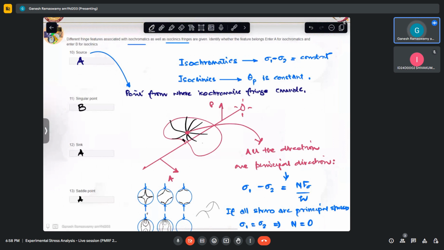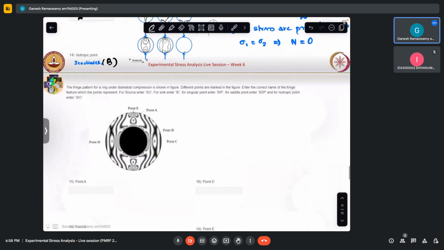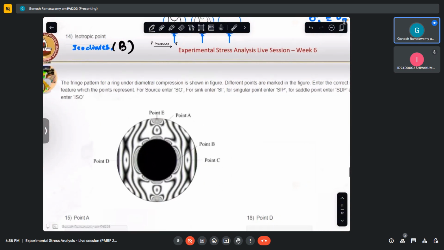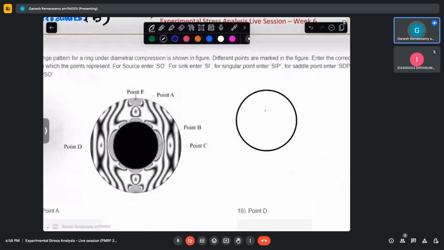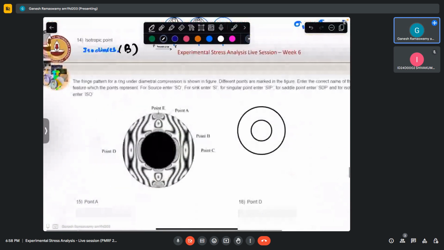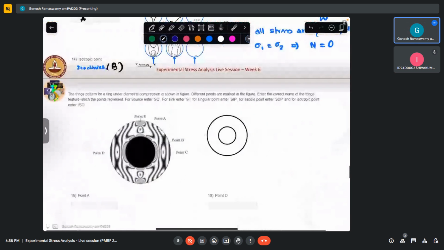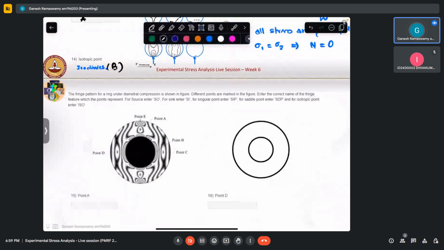So based on whatever we have discussed, let us look at this question. The fringe pattern of a ring. Ring is basically the same two annular things subjected to a diametral compression.